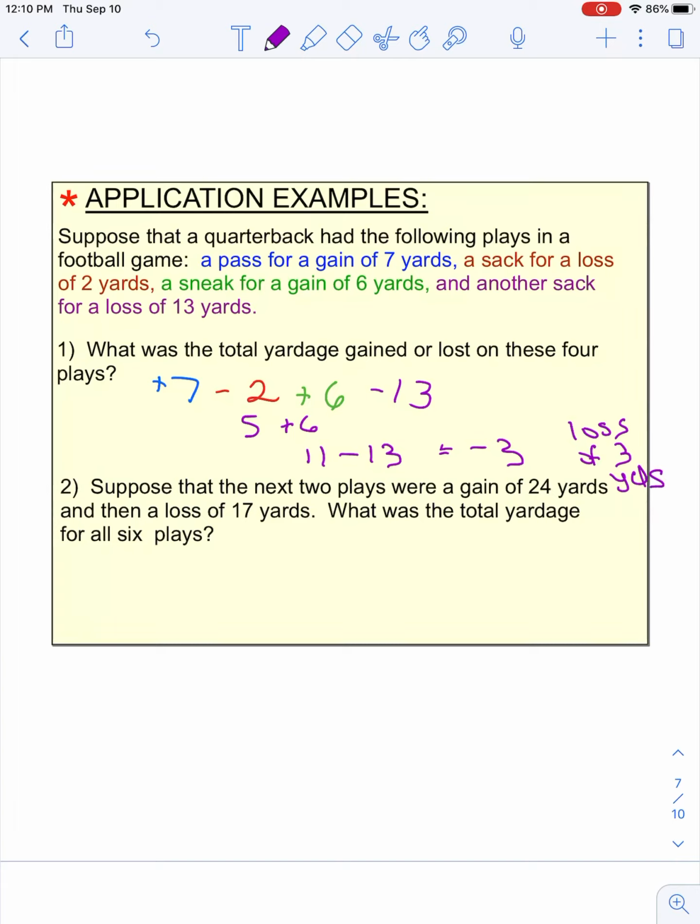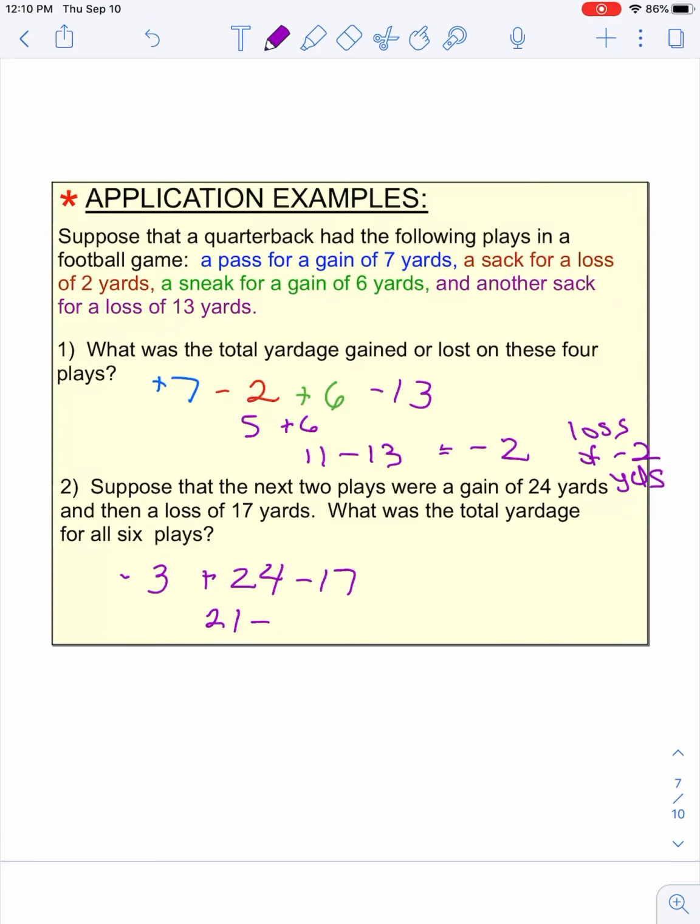And on the next two plays, if you start out with a loss of 3 yards, and then you have a gain of 24, and then a loss of 17, you are now going to be, I'm sorry, I apologize. This is actually going to be a loss of 2 because I had a little mental math error, which happens.